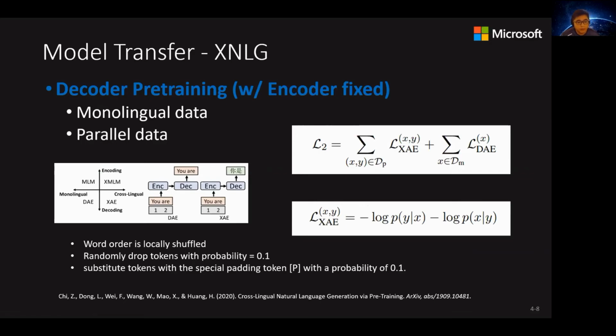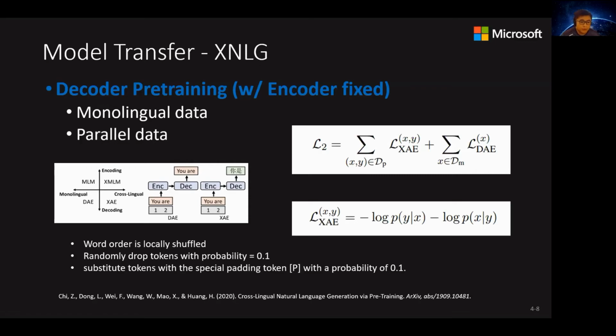For the monolingual data, the pre-training objective is DAE, which is short for denoising autoencoder. Basically, three types of noise are used to obtain the perturbed text: word order is locally shuffled, tokens are randomly dropped with probability 0.1, or tokens are substituted with a special padding token P with probability 0.1.